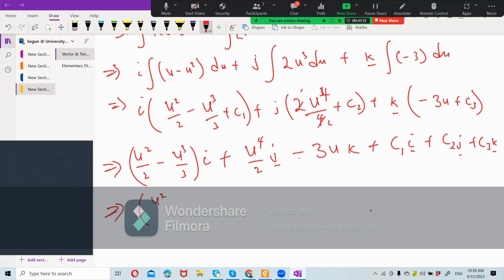You just have to write U squared over 2 minus U cubed over 3, I, plus U to the 4 over 2, J, minus 3U, K, plus C. Everything is constant, where C1I plus C2J plus C3K, they are constant factors.